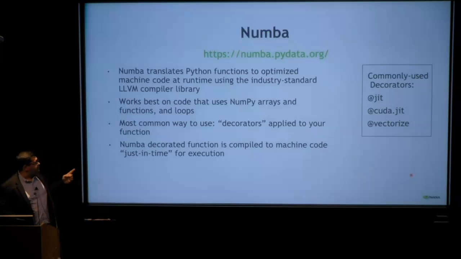Typically you use that through Python decorators, like @jit for just-in-time compiling, or @cuda.jit if you're going to do CUDA-based compiling. The vectorize decorator allows taking Python functions with scalar inputs and using them as NumPy ufuncs. So Numba is certainly something to consider.